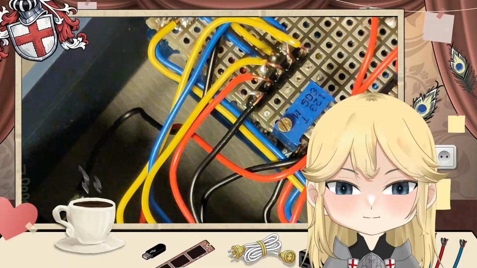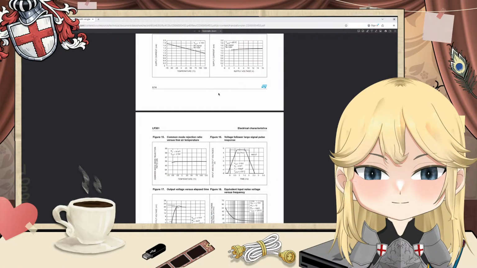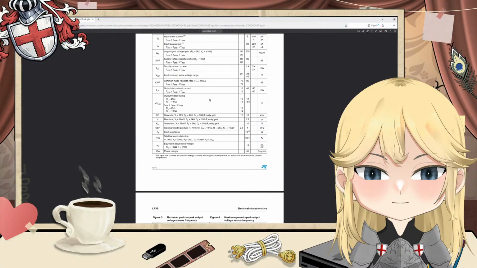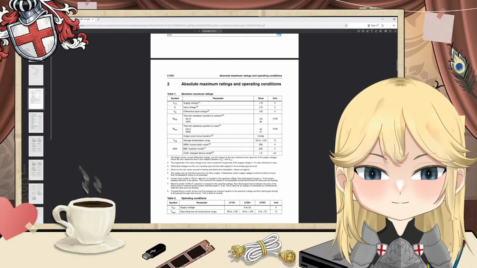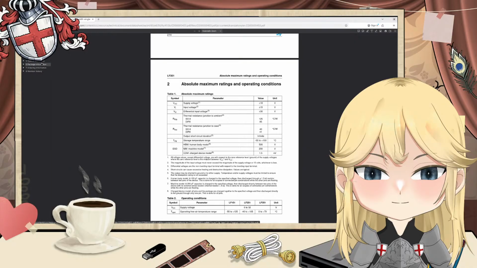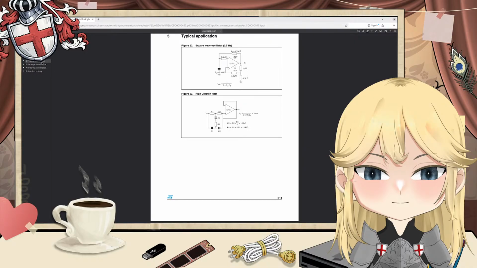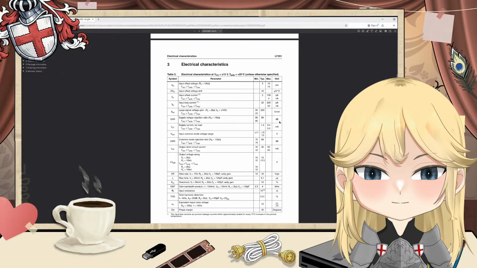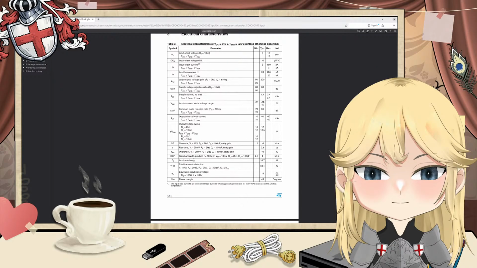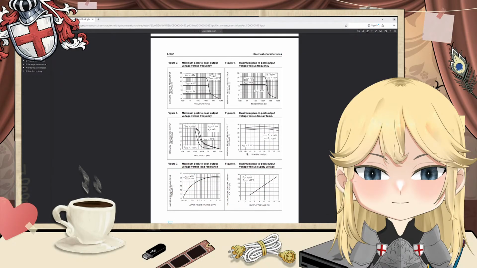Let's check our data sheet. There has to be... Oh boy, I'm feeling the insulin spike. Is there any resistance? Input resistance. 10 to the power of 12? That's something different.